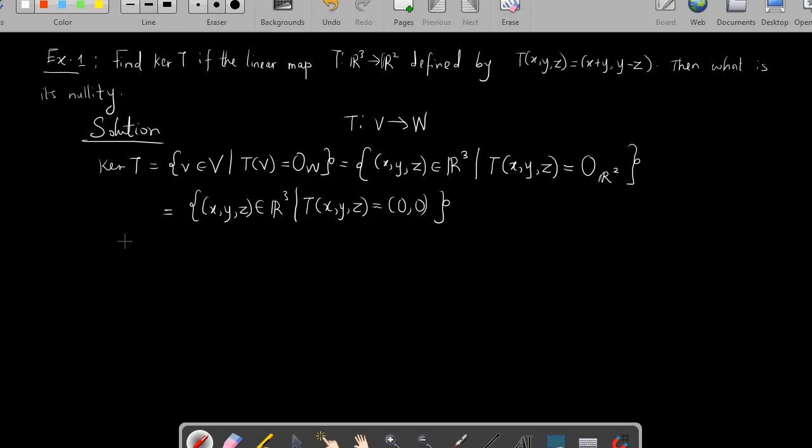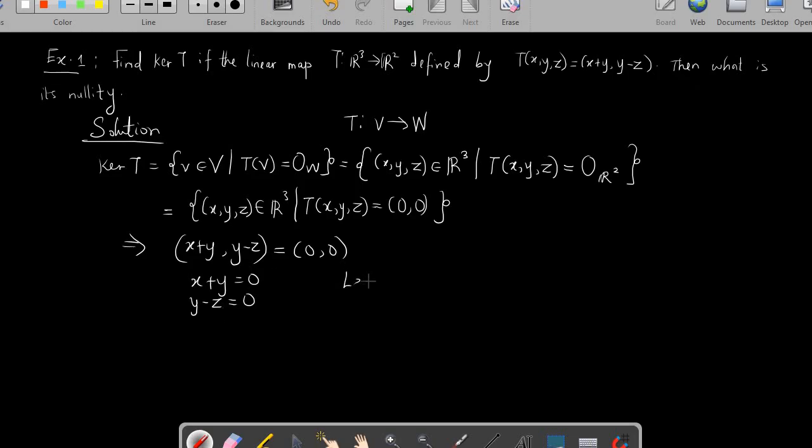Now you ask yourself, what is T of x, y, z? What's this guy? Look at it in the question. So that implies that x plus y, y minus z must be equal to 0, 0. So I believe this is making sense. Okay, so this also implies that x plus y is 0, and y minus z is 0. Now the first thing you want to do to find the kernel, this is the way we go about it.